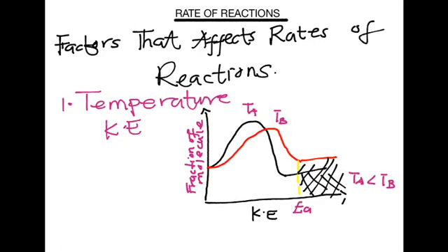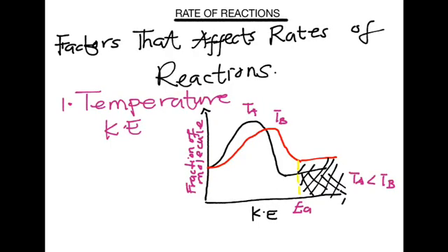Assuming the curve in black is the initial temperature of the reactants, all this area down here we can consider as molecules which don't have enough energy to go over the activation energy.